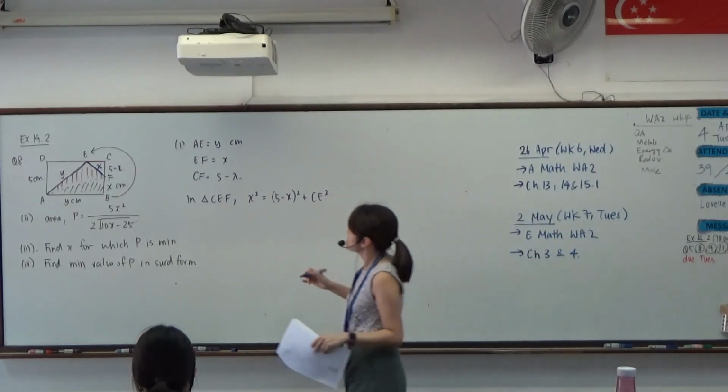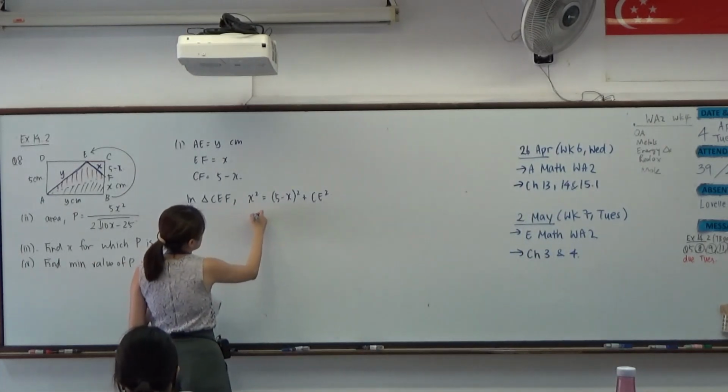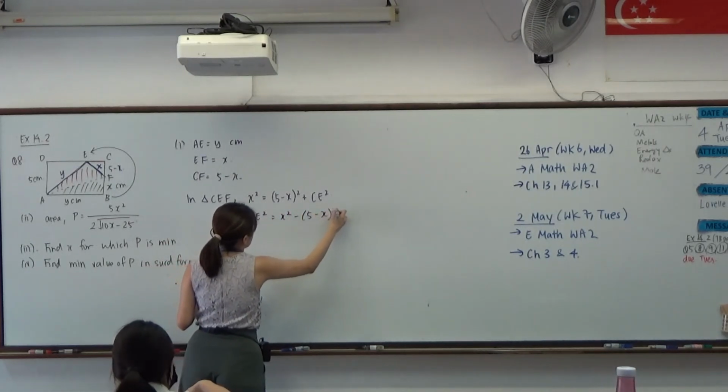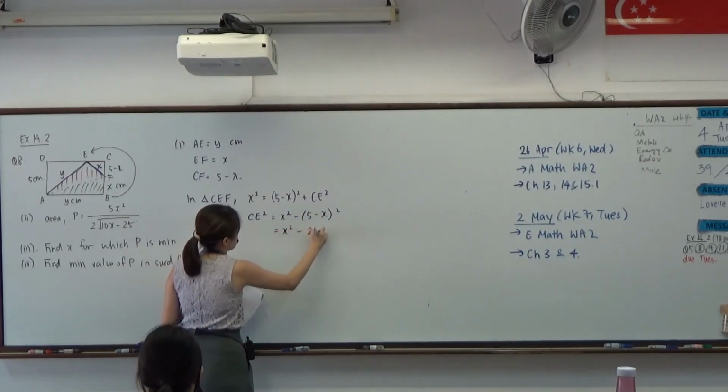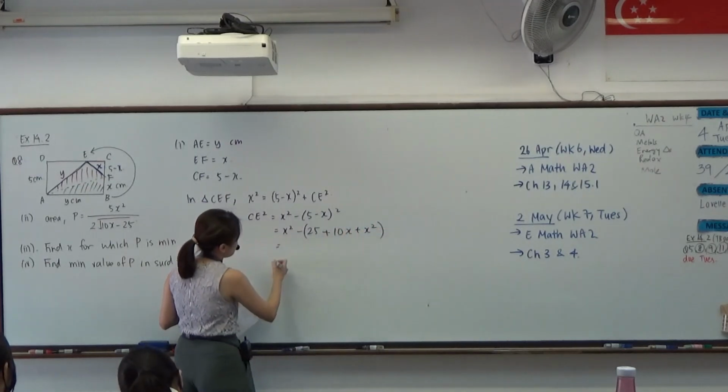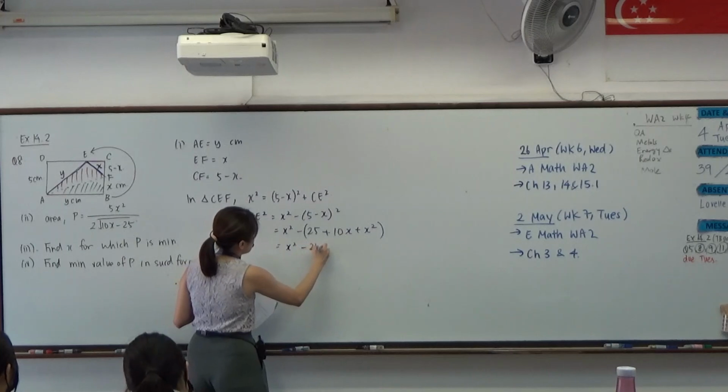So that means your CE squared equals x squared minus (5 minus x) squared. Proceed with expanding.